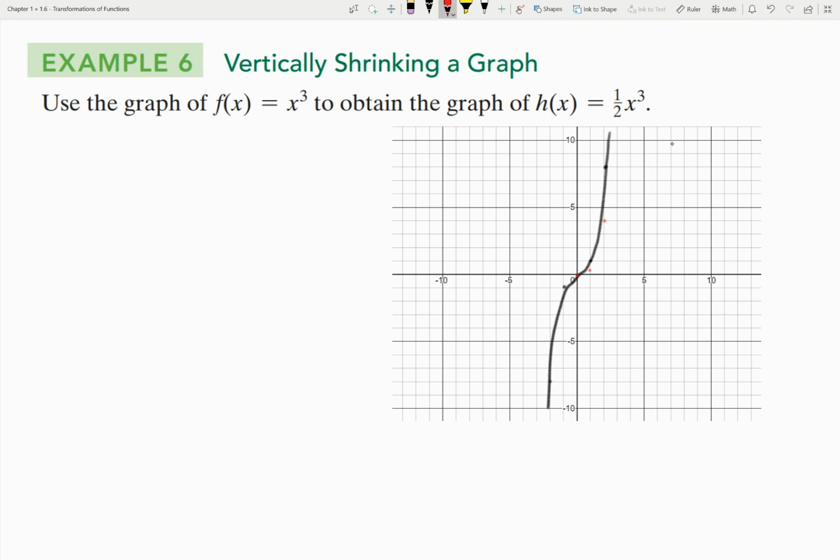The next point would have been 27, so it still gets pulled closer, but it's still off the graph. So again, this was not a great graph to look at, but you can sort of tell a little bit. My drawing's not great, but you can sort of tell that it does get a little bit flatter, right? Especially in that area right there.